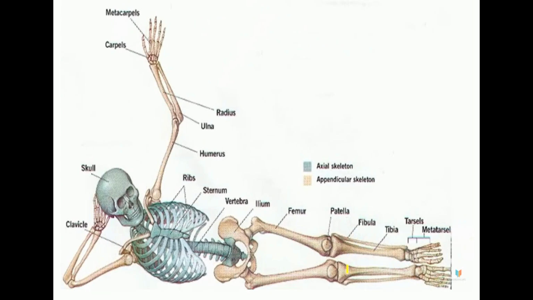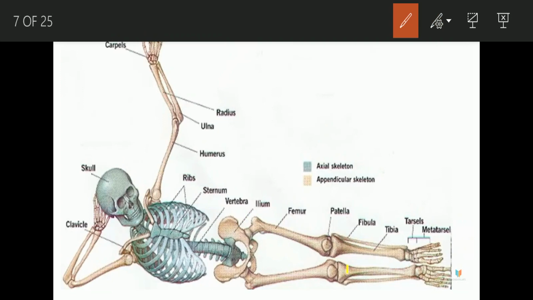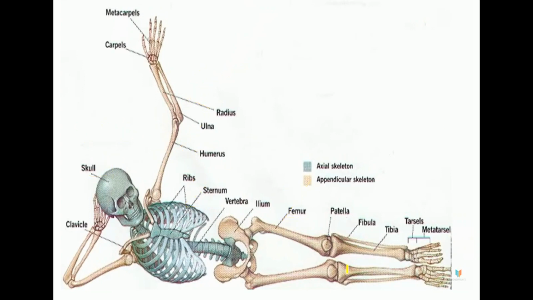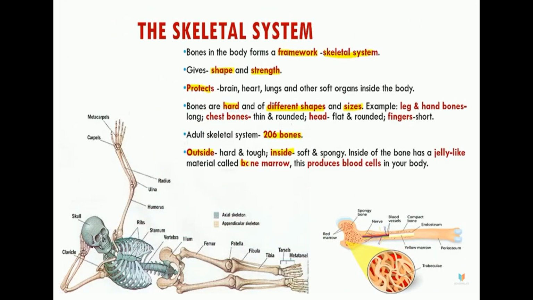Now, as you can see, this is the skeletal system. In this skeletal system, all the bones are of different sizes. This bone is very long. This bone is rounded and thin. This skull is flat and thin, and these are also thin and long. So we can say that the skeletal system and the bones are very hard.